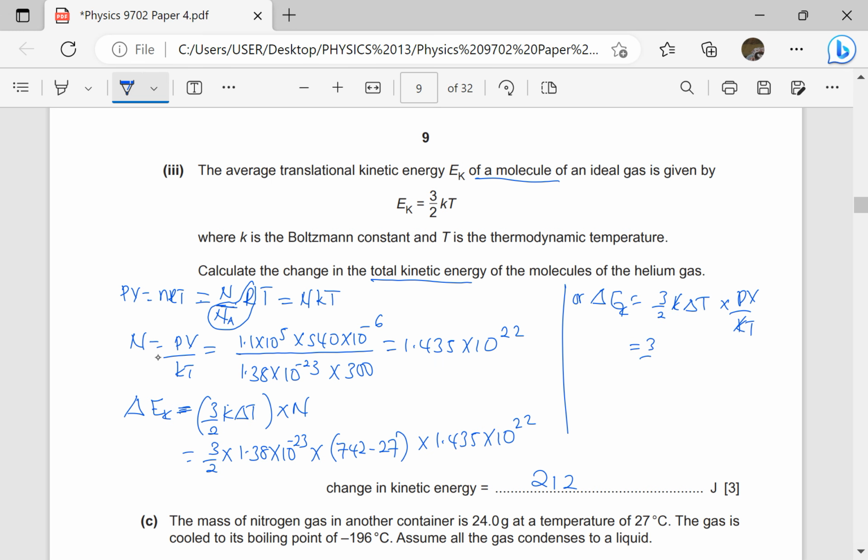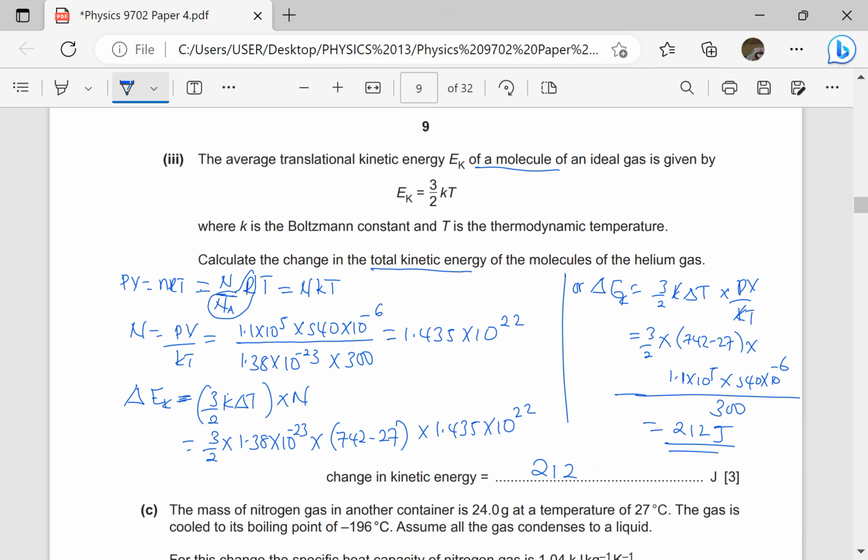So it will be 3 over 2 times the difference in temperature, which is 742 minus 27, then times the pressure, which is 1.1 times 10 power 5, times the volume, which is 540 times 10 power negative 6, divided by the temperature there, which is 300. Because I use the pressure, I use the volume of this pressure of 1.1 times 10 power 5. So this will give you the same thing, 212 joules. I'm very certain about that.